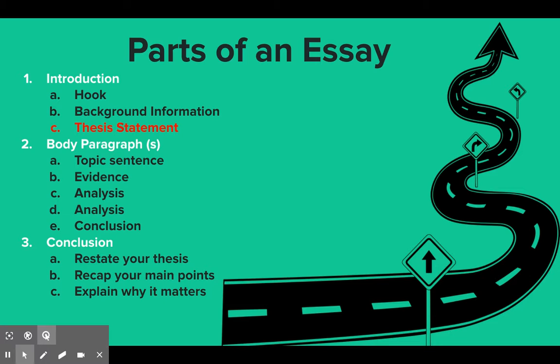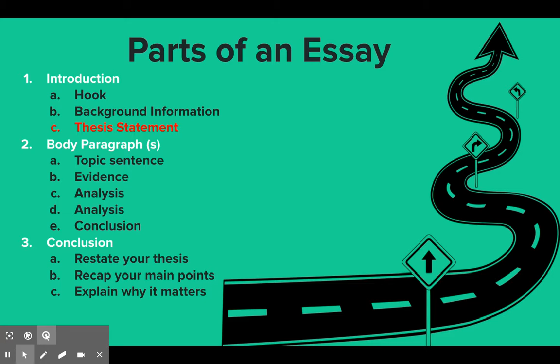Now, there are 3 specific parts of an essay. We have our introduction, our body paragraphs, and then our conclusion. Our introduction has 3 specific parts. We have our hook, background information, and the most important part, our thesis statement. We've already written our body paragraph for this essay, and we were using that acronym TEAC to include all of the parts we need.